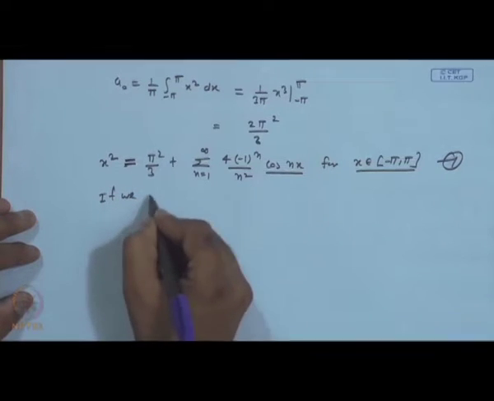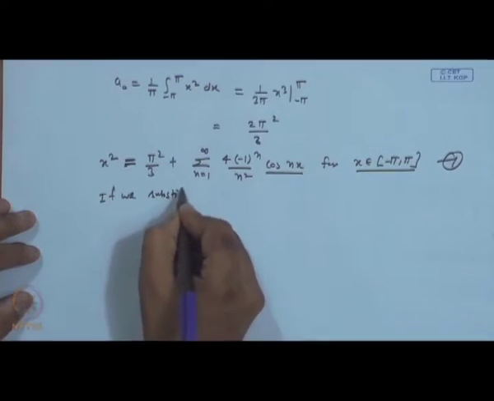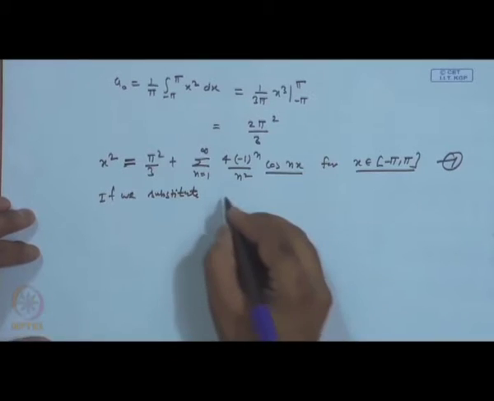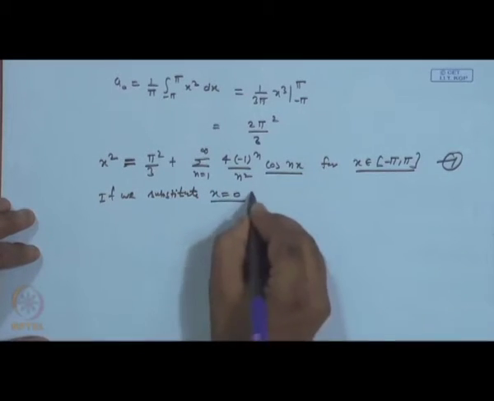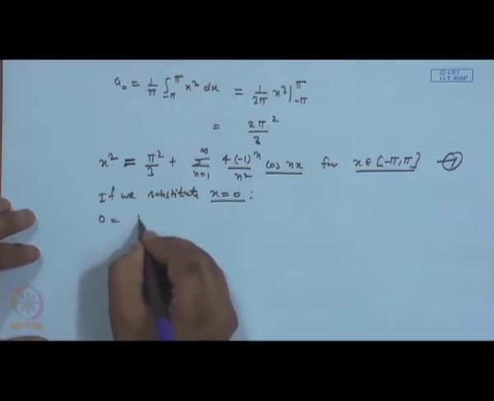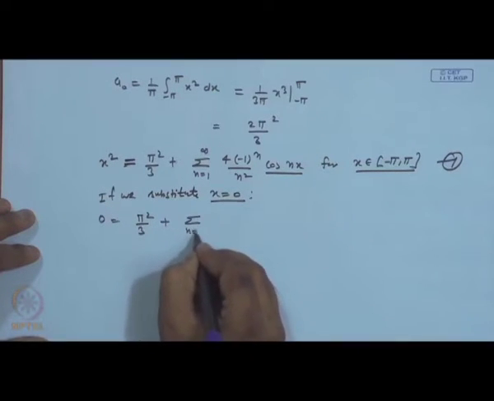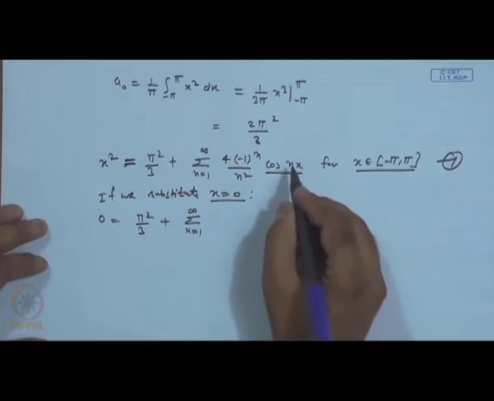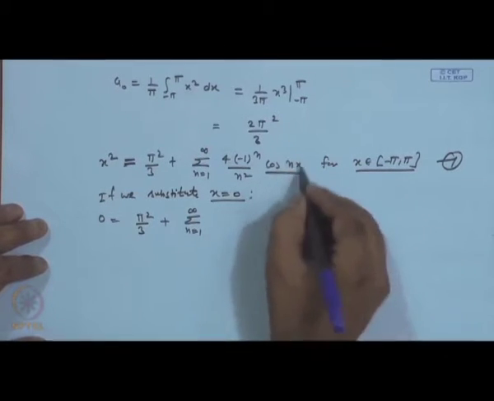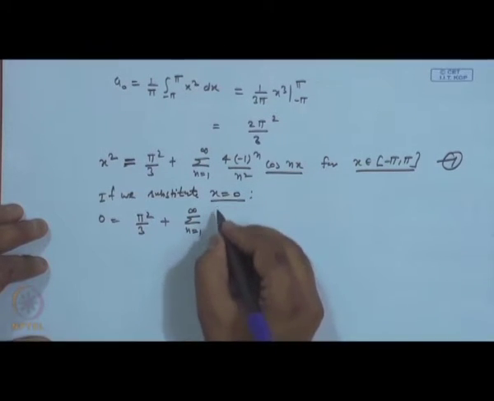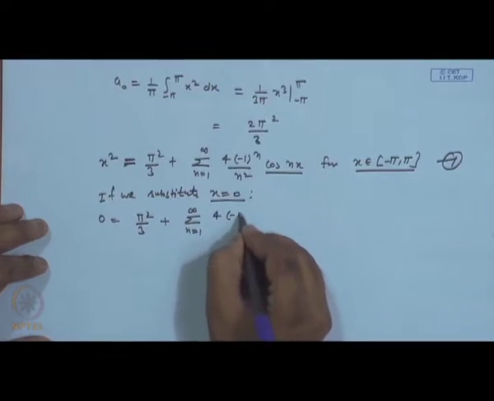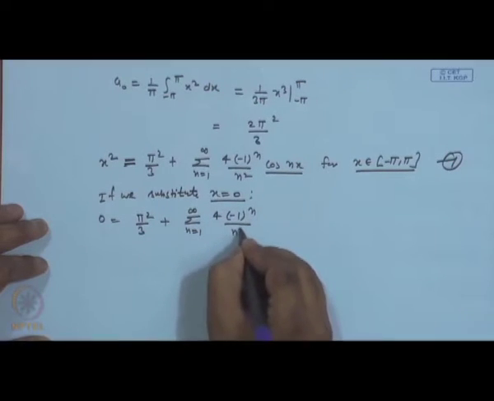So if we substitute x equal to 0, left hand side we have 0, we have pi square over 3 plus the sum n from 1 to infinity, and x is 0, so cos 0 is 1, and we have 4 minus 1 to the n over n square.